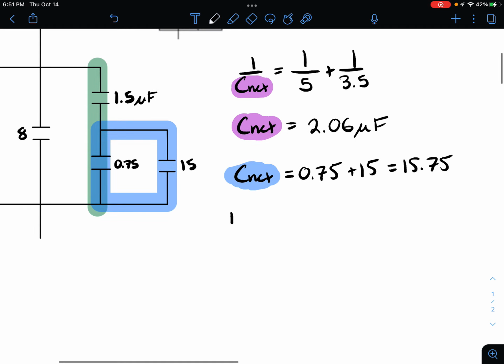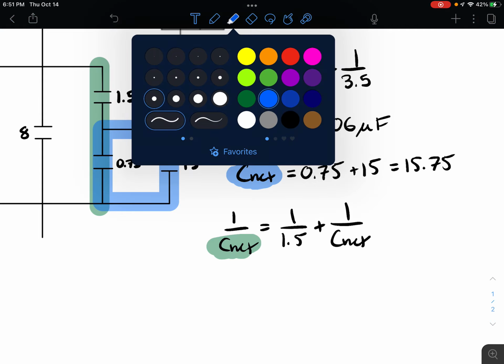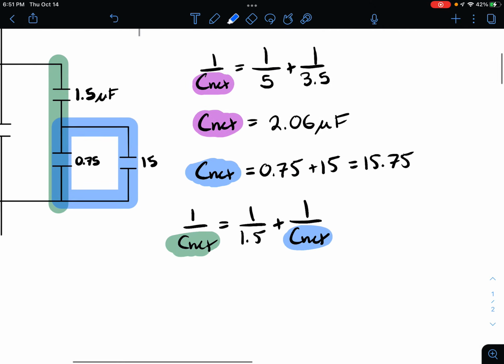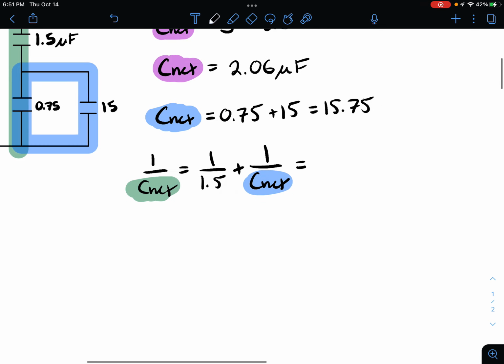So our 1 over C net for this green section is going to equal 1 over 1.5, this one up here, plus 1 over the blue C net that we just calculated before, which is 15.75, which you can plug in. So when we do all this out, 1 over 1.5 plus 1 over 15.75, right?